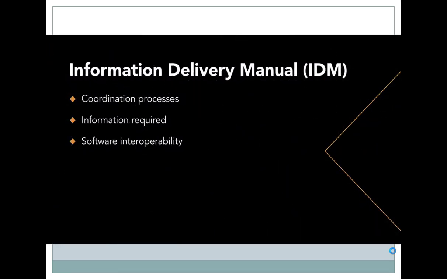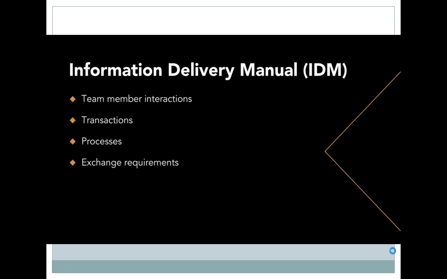The ISO describes how to identify and define the coordination processes and to take in any information required for their execution. It is intended to facilitate interoperability between software applications used during the life cycle of a building.